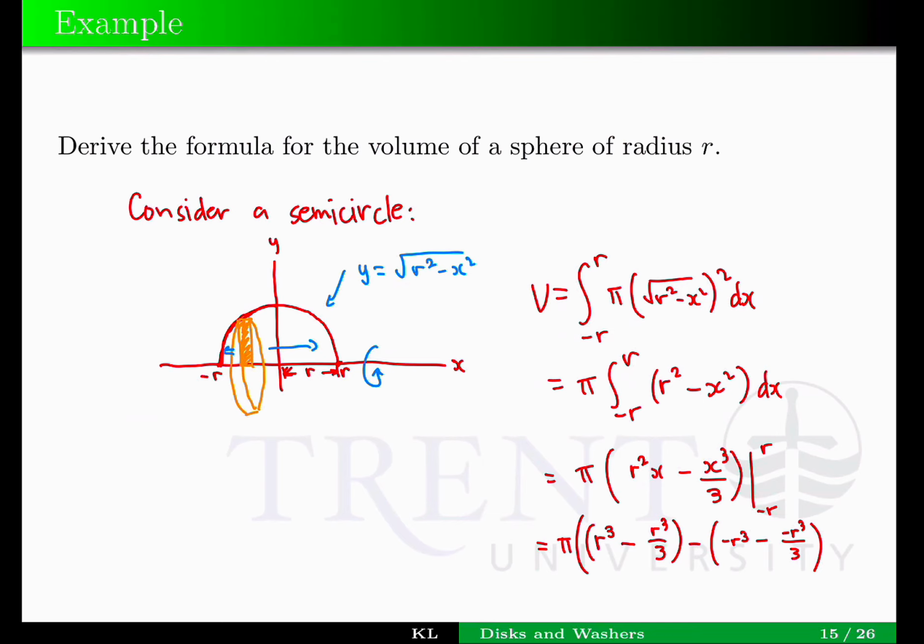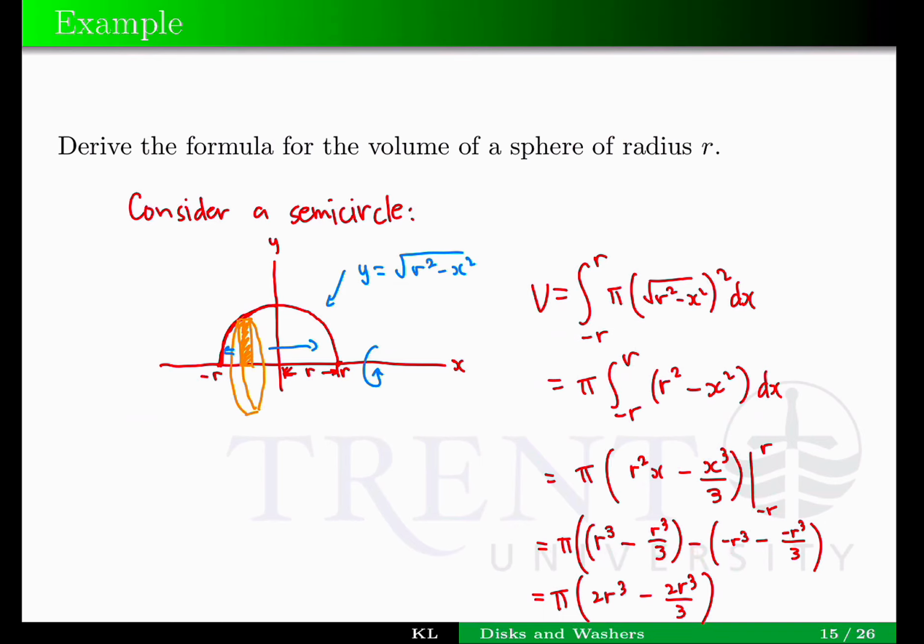So if we add this, we simplify, we will have r cubed minus minus there, so that becomes 2r cubed. You got here minus r cubed over 3, minus minus, that becomes plus, but still you have a minus here. So you will have minus 2r cubed over 3. 2r cubed, that's equal to 6r cubed over 3.